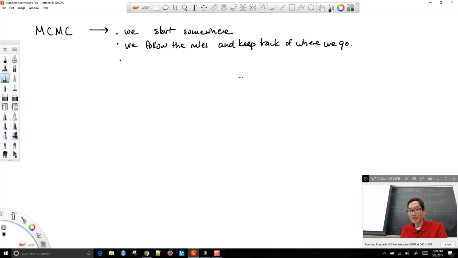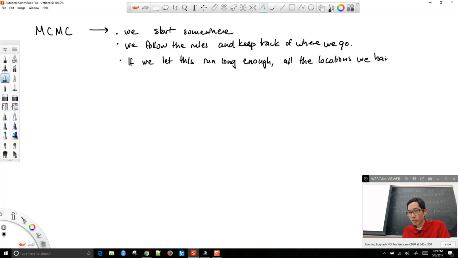And if we do this right, after we've kept track of where we've gone, we have a pretty good approximation of the distribution. If we let this run long enough, all of the locations we've been will resemble the target distribution.